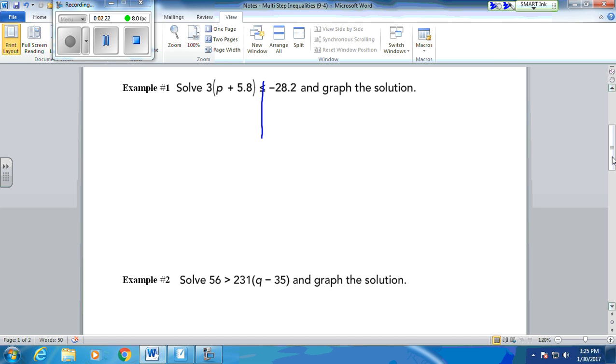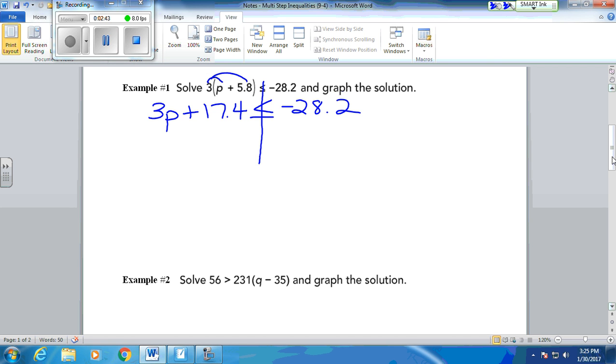But since we're going to be applying the distributive property so quickly, we'll just go ahead and do that. So I've got 3 times p and 3 times 5 8/10, which becomes 3p plus 17 4/10. I am continuing to bring down the less than or equal to sign, and then the -28 2/10.